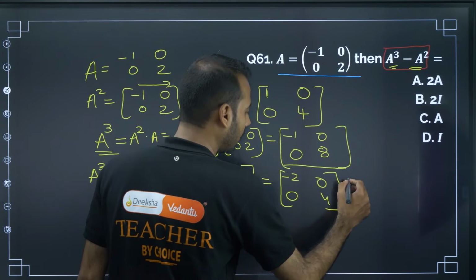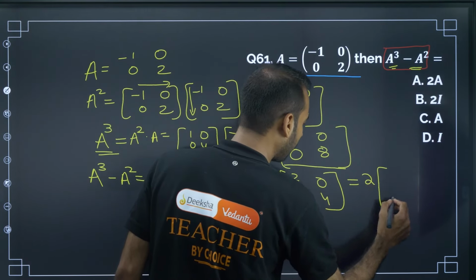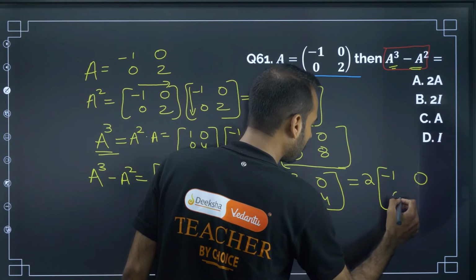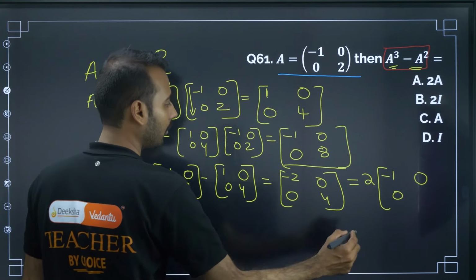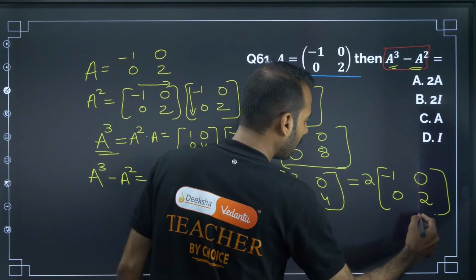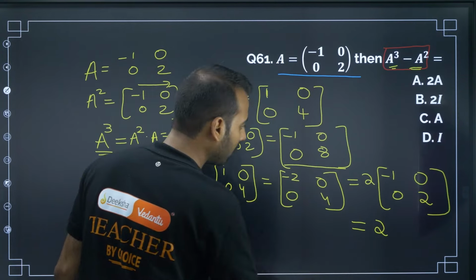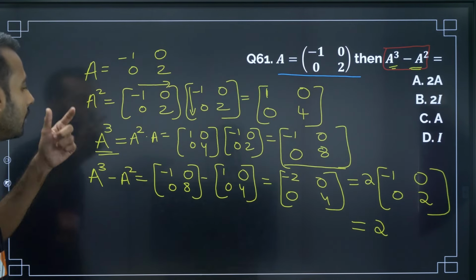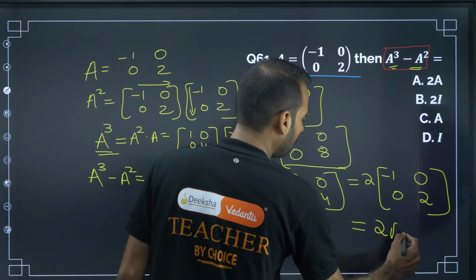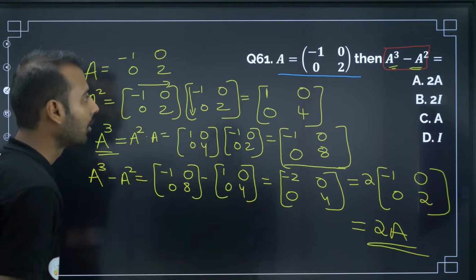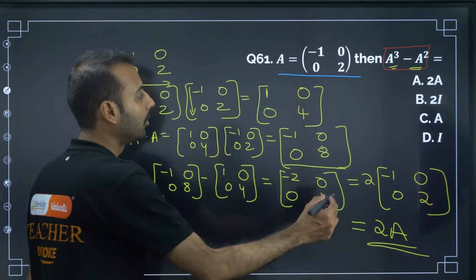If I take 2 common, I am left with minus 1 0 0 2. Now if I observe this matrix minus 1 0 0 2, this is A. So 2A is the answer for this. So a cube minus a square is 2A.